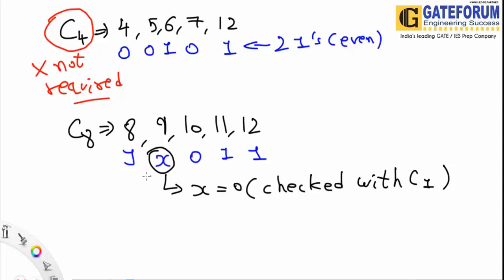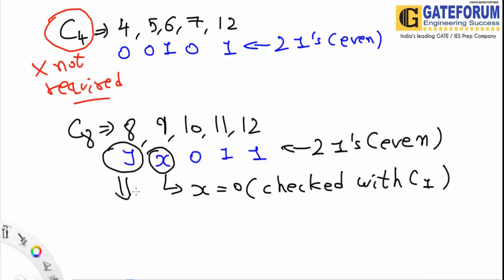Now if we substitute x equal to 0 here, we have two ones and two zeros. So again, we have two ones, which is an even number. We already have an even number of ones, so the value of y is required to be 0. Why 0?